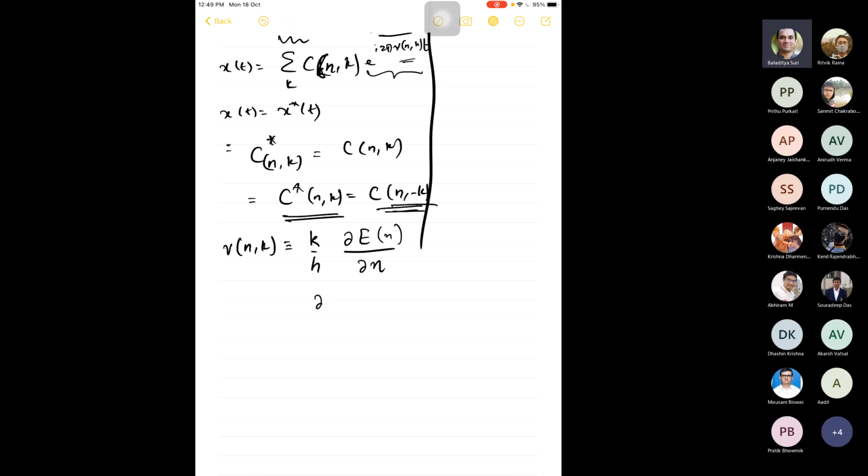This is nothing but k times delta E by delta J, where J equals nh. When I put J equal to nh, h is a constant, so I can bring it out. So this becomes k by h delta E by delta n, where E is now a function of n through nh. Okay. So this is the classical thing, right?